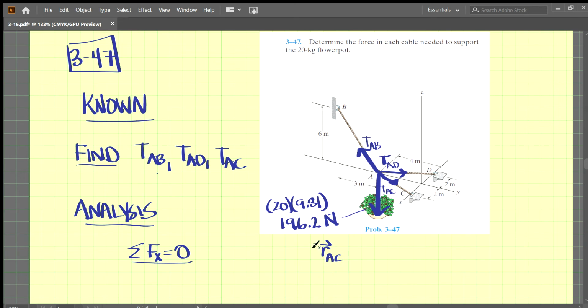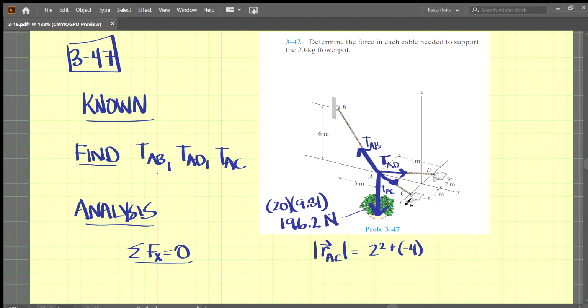And the length of the position vector: in the x direction, for A to C, we have 2 in the x direction. In the y direction, let's see, y is -4 here, so plus -4 squared.